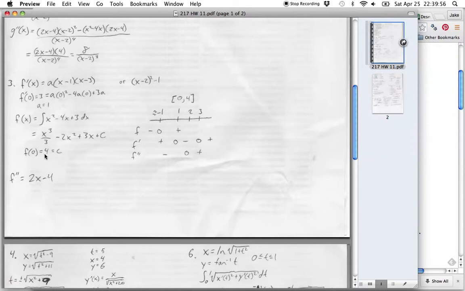Okay, and then, of course, we can take the second derivative as well, which is just the derivative of this initial piece. So that's the 2x comes from there, and then the minus 4. And we can create our chart. Now the important thing to note here is that we're going from 0 to 4. The 0 of this function right here is actually pretty ridiculous to come up with, and we'll see that in a minute.